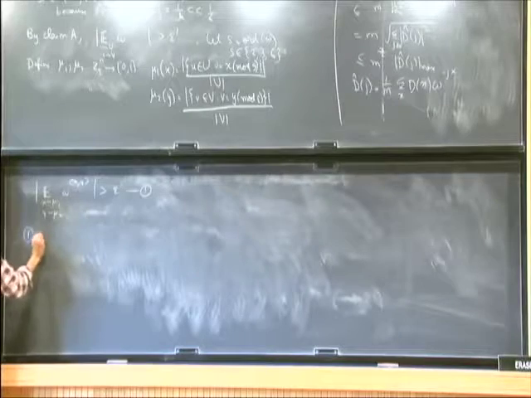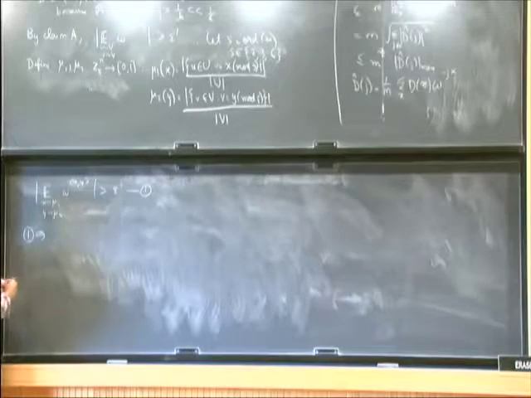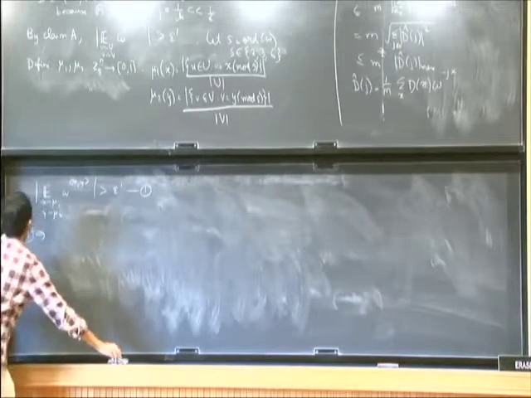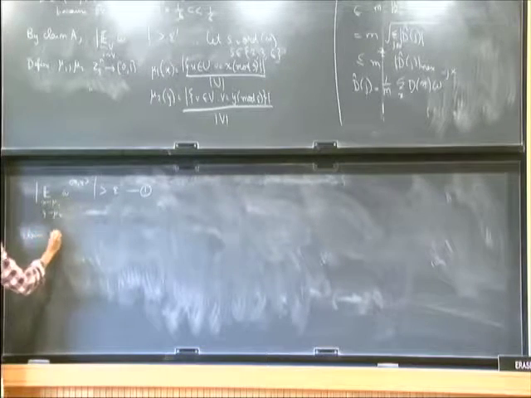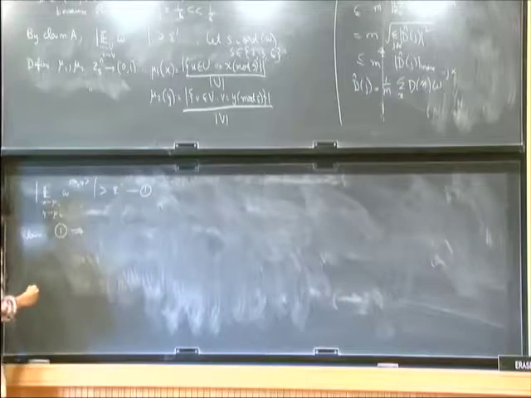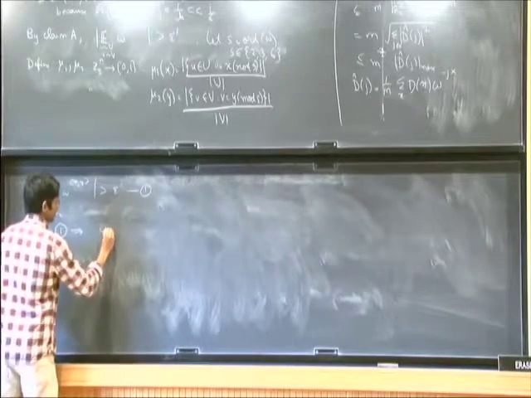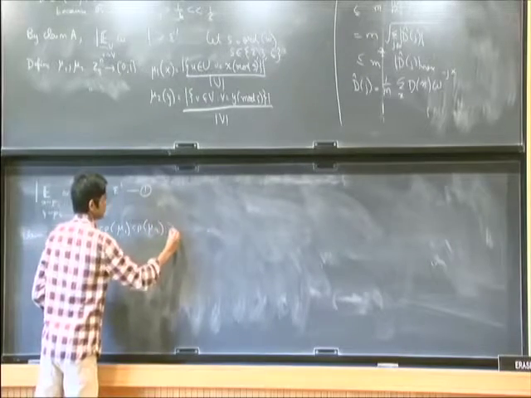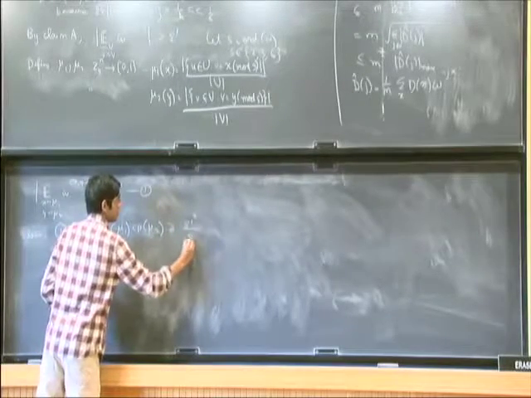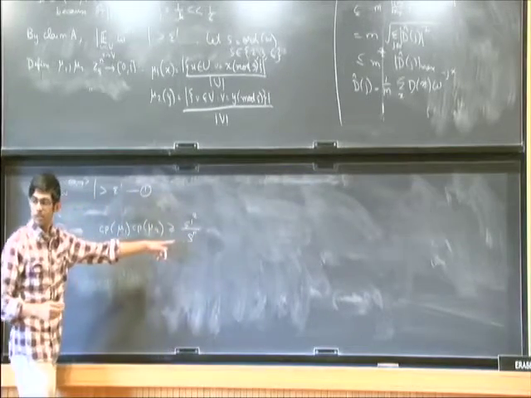Okay, from here, 1 implies that collision probability of mu1 times collision probability of mu2 is large, and this is where the factor of m comes in.